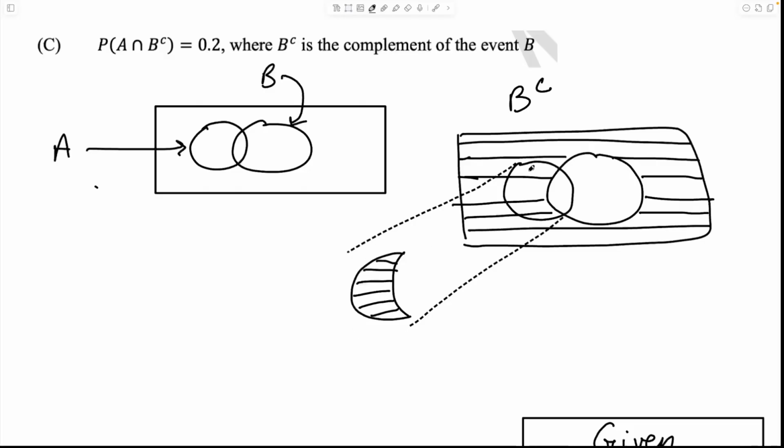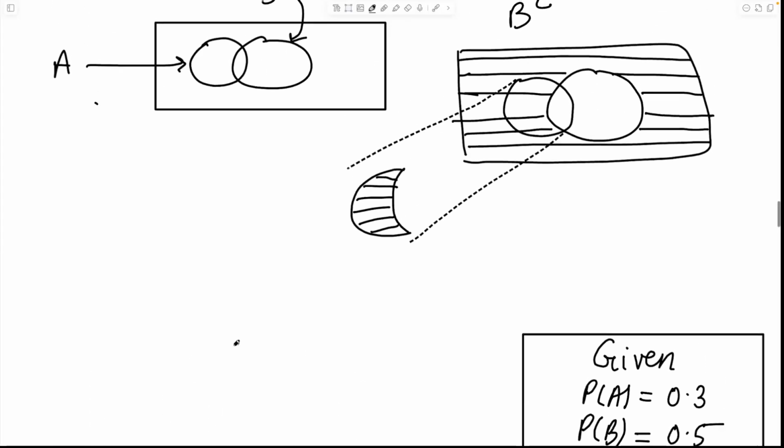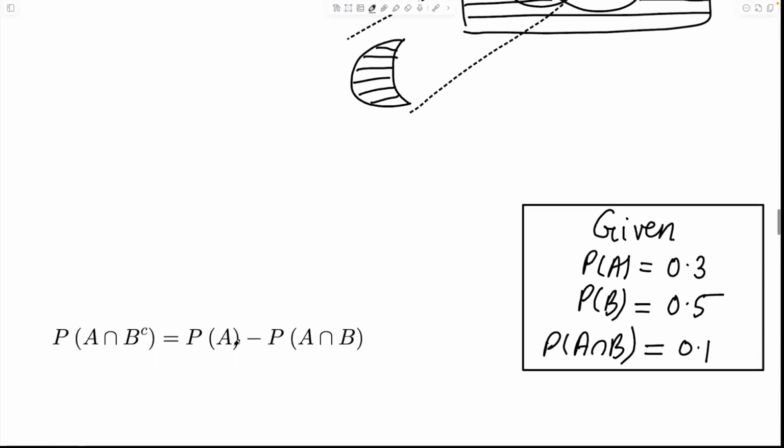Now this region can be interpreted as the whole of A minus the intersection part of A and B. That is what I did here. This is also an identity of probability. I think you're able to understand this much. If you're not able to understand this, comment in the chat, and I will explain it again. It's a very simple concept.